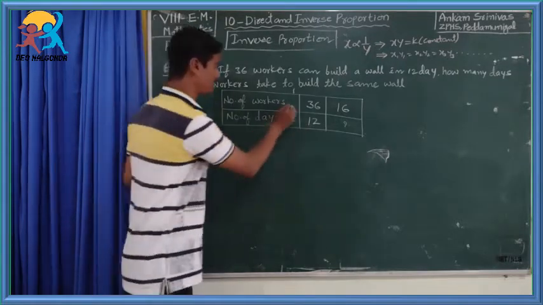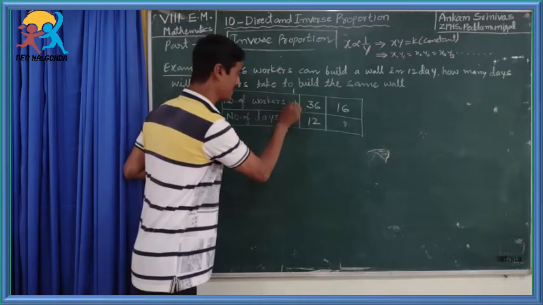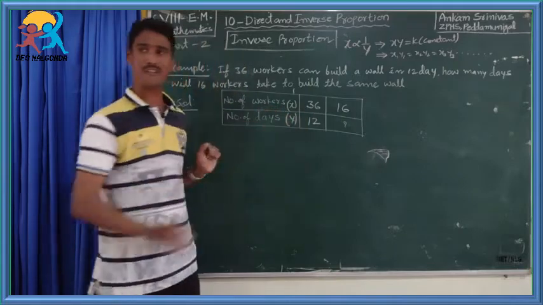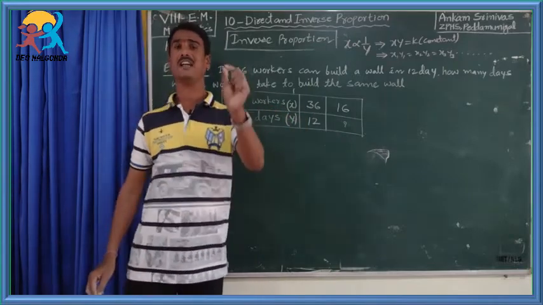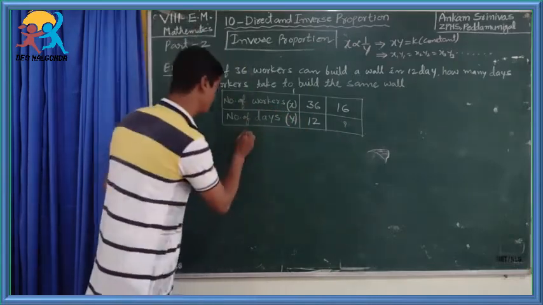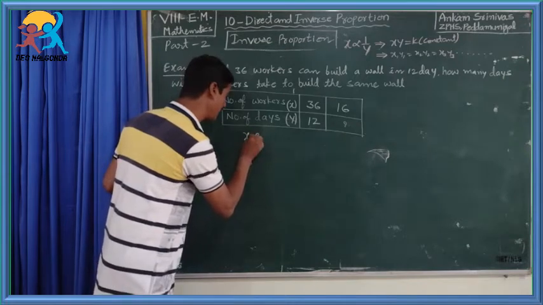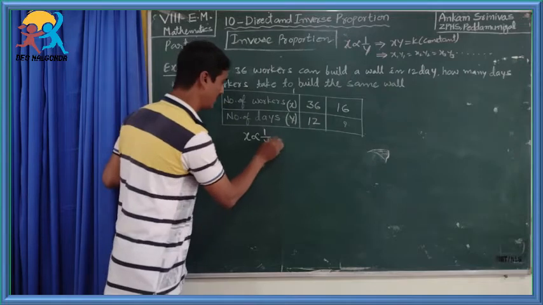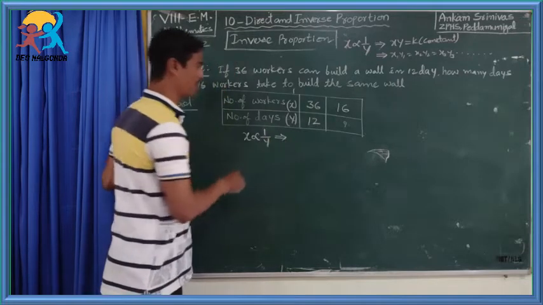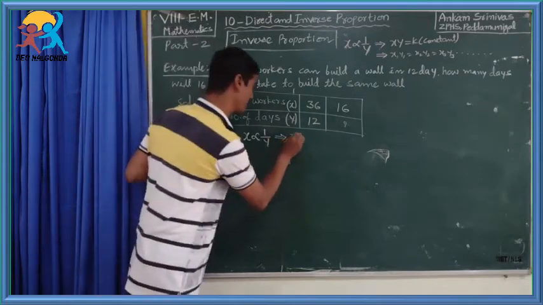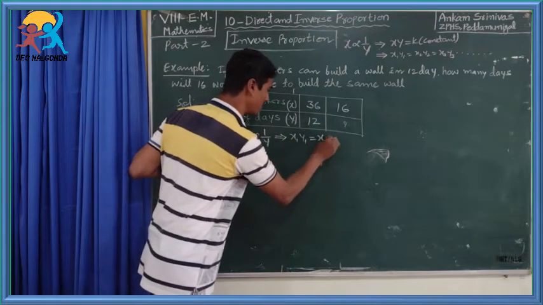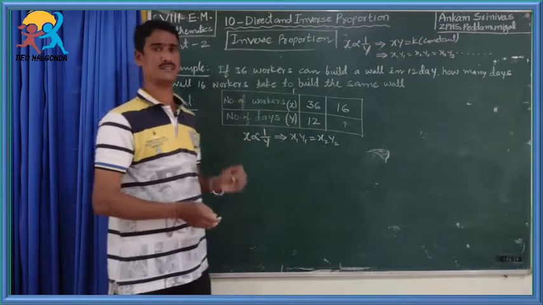Let us suppose the first quantity is x and the second quantity is y. Then what about these two quantities? These two quantities are inversely proportional. So symbolically we have to write like this, x proportional to 1 by y. That implies the products are equal: x1 y1 equals x2 y2.